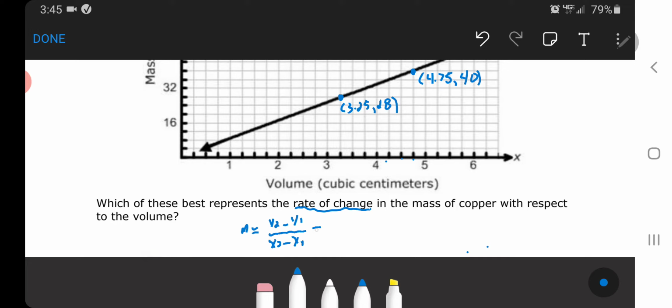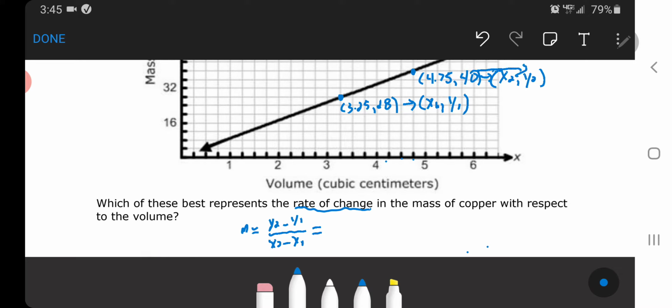All right. I'm going to let that 4.75, comma 40 represent my x2 and my y2. Once again, like I said, these are just naming the points. I'm going to let this guy represent my x1, y1, just for my formula purposes, because that's how they name points here. So now instead of writing y2, I can replace it with that 40 because that's what it's representing now.